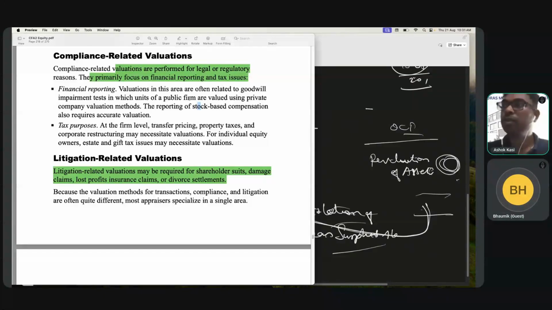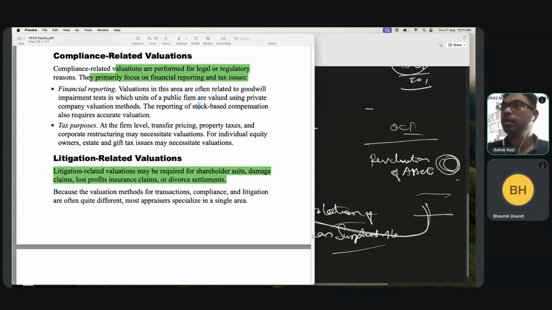Because in a private company, a lot of times goodwill can play a bigger role. How can goodwill play a bigger role? Say for example, a small IT company is there. Now how will you value that IT company?